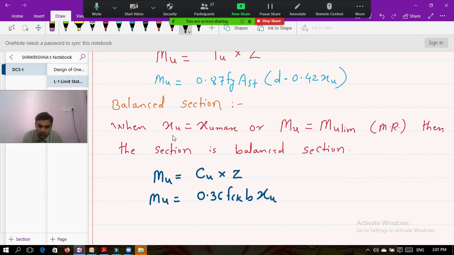Instead of XU, as XU is equal to XU max, you can write here XU max. And what is the lever arm Z? It is d minus 0.42 XU max. So instead of XU, we put here the value of XU max, because XU is equal to XU max.